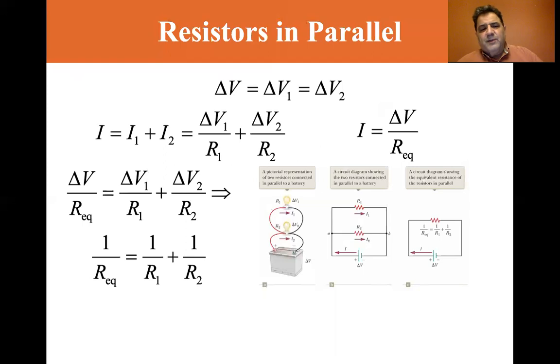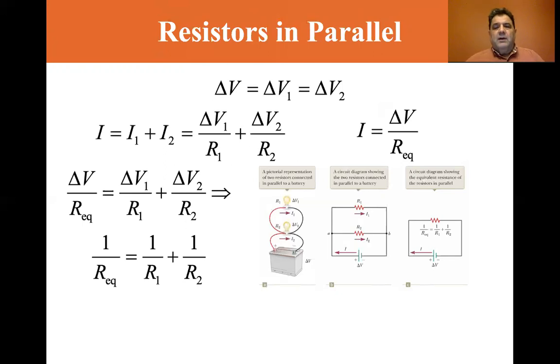They don't show the distributive property here, but if you pull out delta V, which is equal to delta V1 and delta V2, you get delta V times, in parentheses, 1 over R1 plus 1 over R2. So when you have resistors in parallel, 1 over R equivalent is equal to 1 over R1 plus 1 over R2.